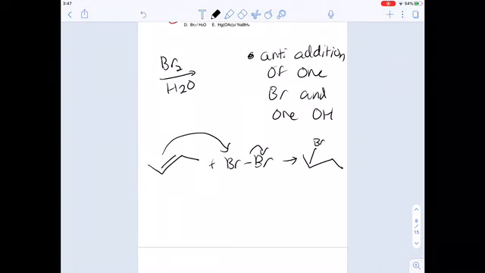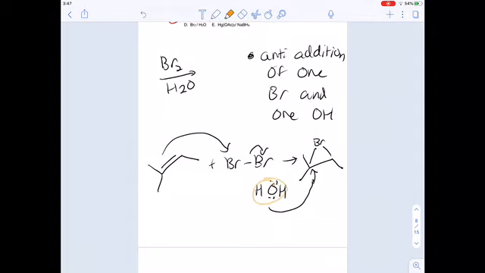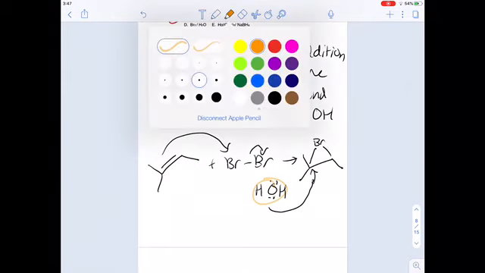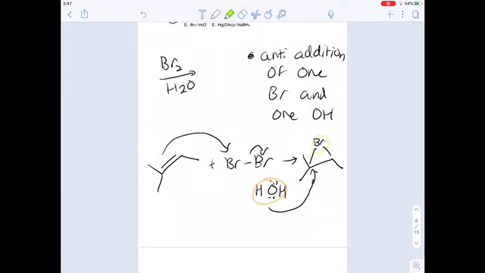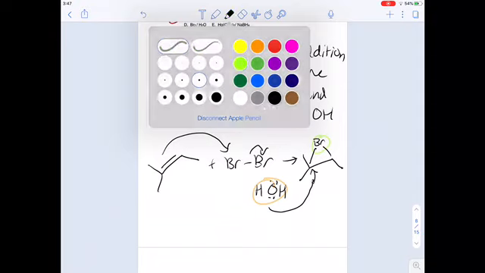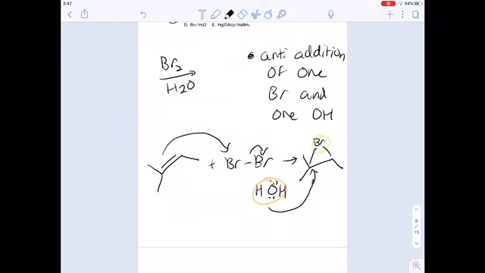So it's going to look like this. And then the H2O is going to come in and attack the more substituted side, whichever one that may be. So the OH attacks the more substituted side in this one, and they are going to be anti to each other because this OH is going to be coming from the top, and this Br is going to get pushed to the bottom. So the addition will always be anti, so they're always going to be trans to each other.